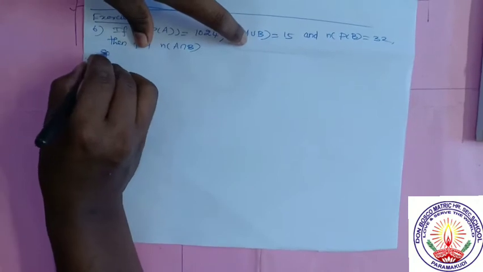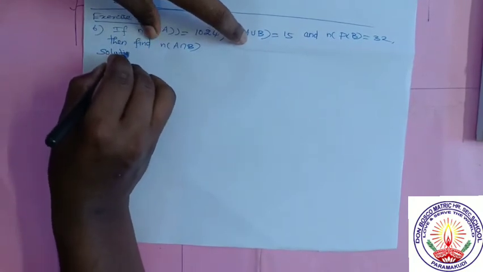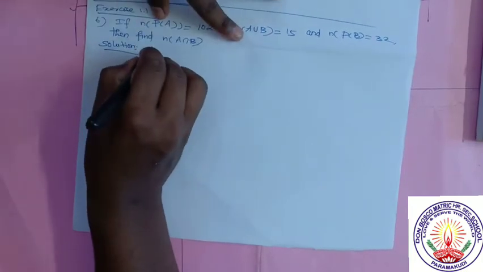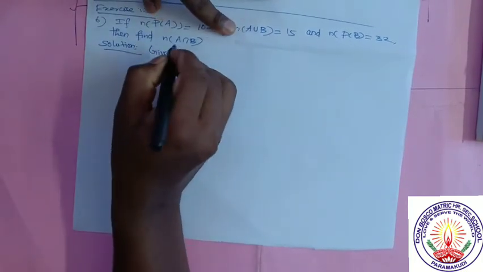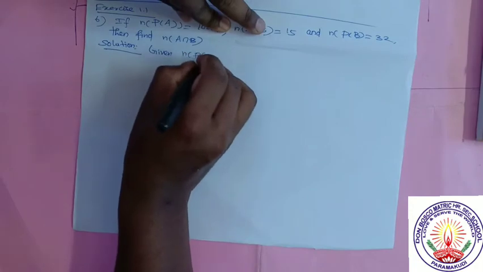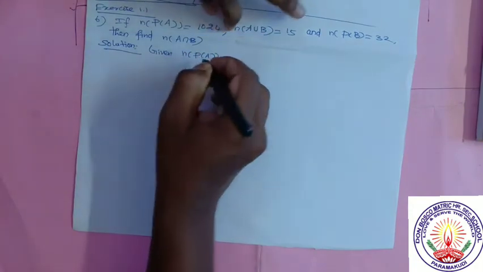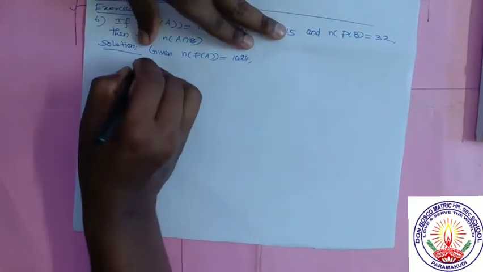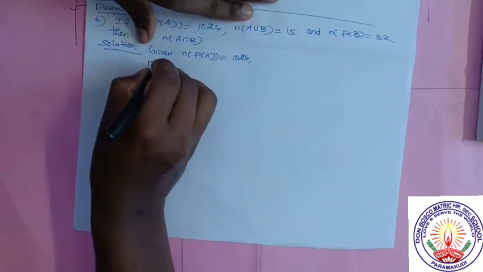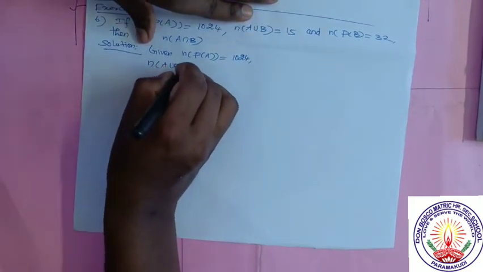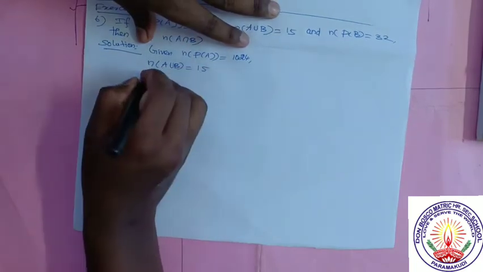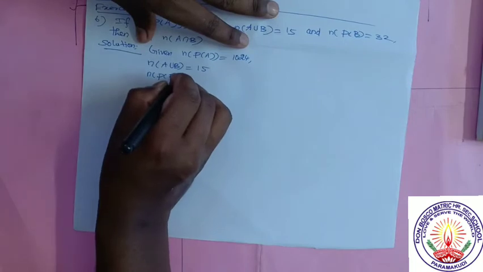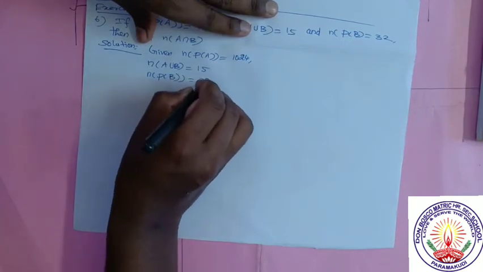So, solution. First write the given details. What is given? n of P of A is equal to 1024, n of A union B is equal to 15, and n of P of B is equal to 32.